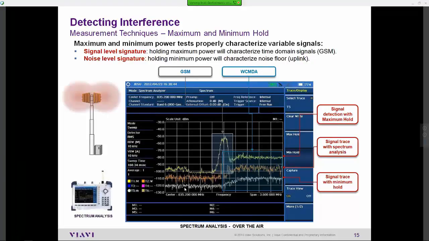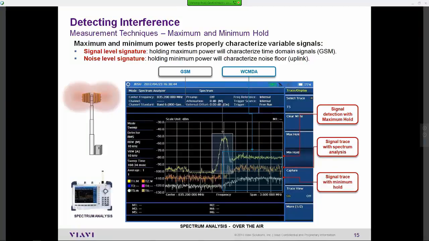With a min hold, I don't see anything persistent in the way of interference except for this trace that shows a WCDMA, meaning that even on a min hold, the WCDMA always has some presence at a very low signal strength, where the GSM at least sometimes goes quiet. But when it's actually transmitting, you can see quite clearly that the max hold shows, at that test point, a very broad amount of energy.